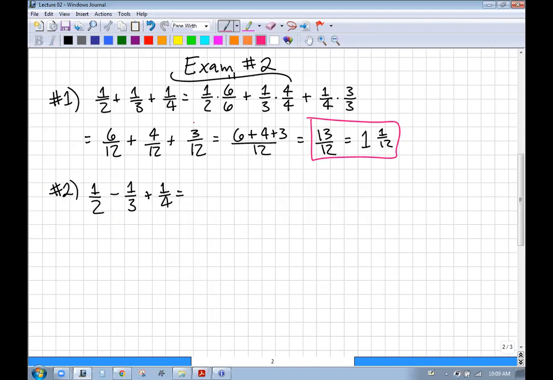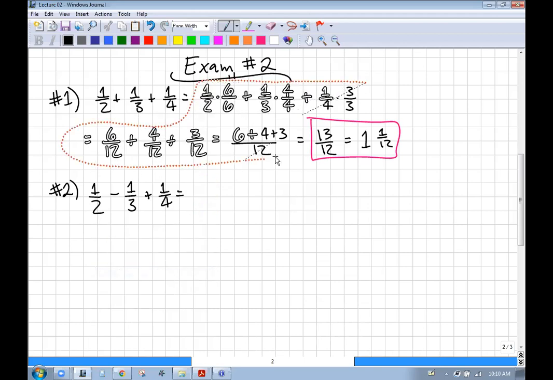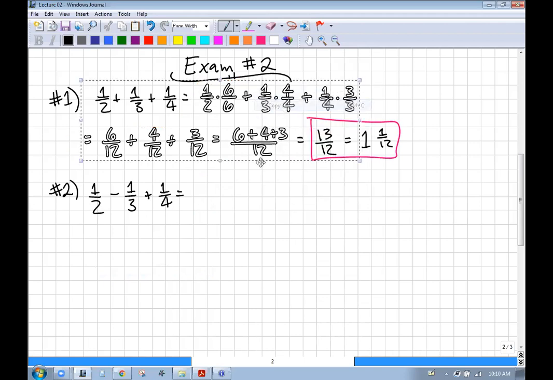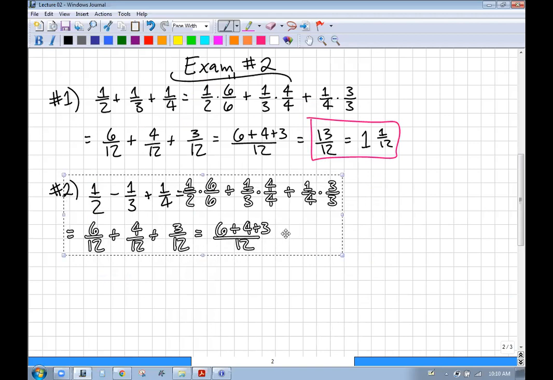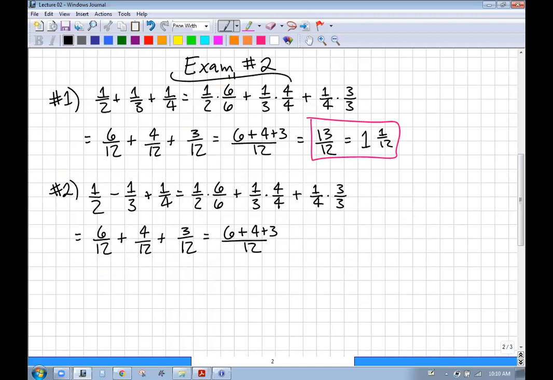All right, number 2. It's the same thing. We need a common denominator. We're going to go for 12ths. We already know from up here, it's basically exactly the same thing, except we have a minus sign, right? So watch this. It's exactly the same, except we have a minus. So this is going to be a minus.